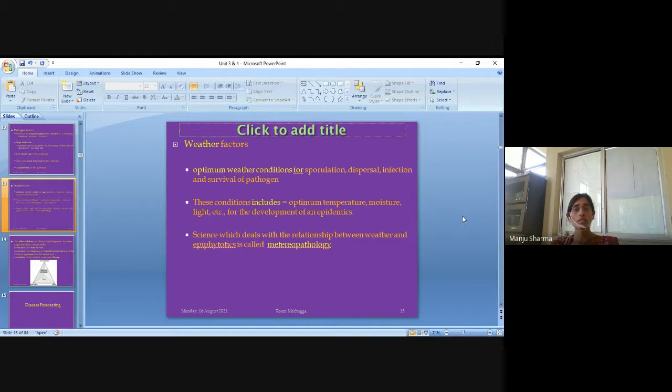These conditions include optimum temperature, moisture, light, etc., for the development of an epidemic. The science which deals with the relationship between weather and epiphytotics is called meteoropathology.